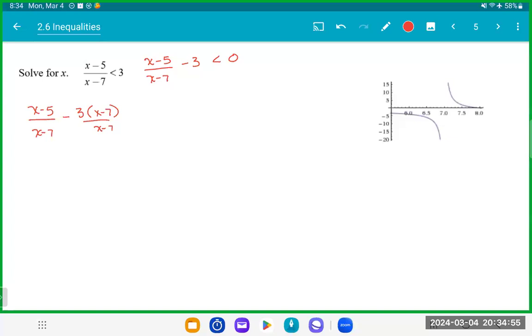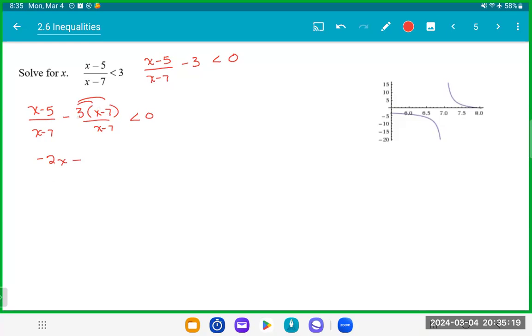So in doing that, that is less than 0. So this is -3x plus 21. So that gives me -2x when I combine those. So -3 plus 1x gives me -2x.